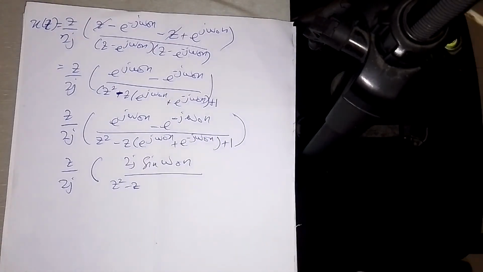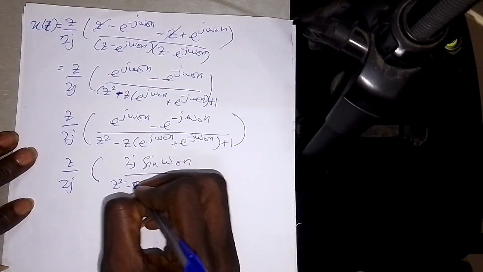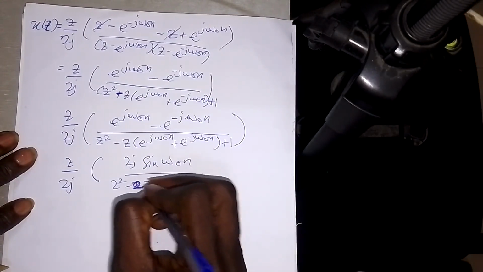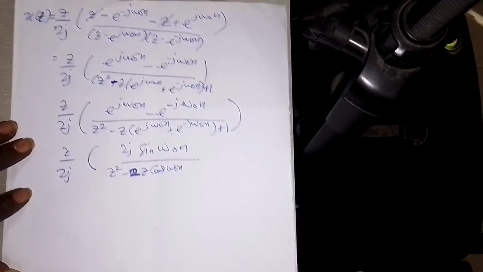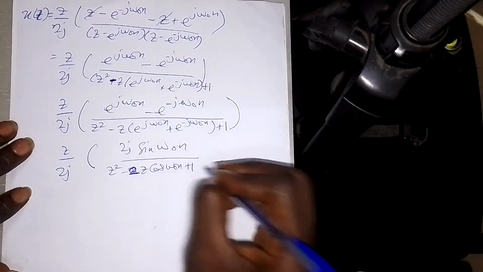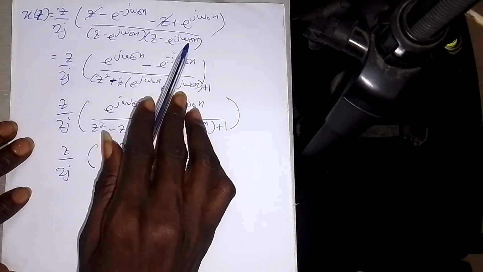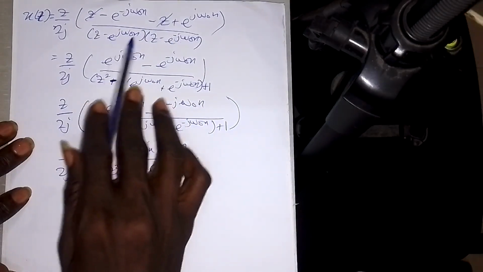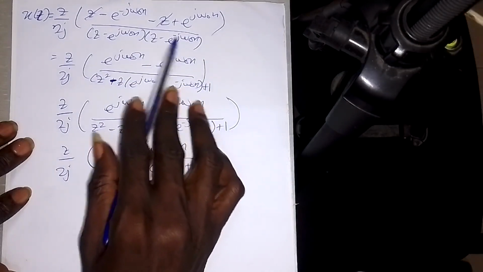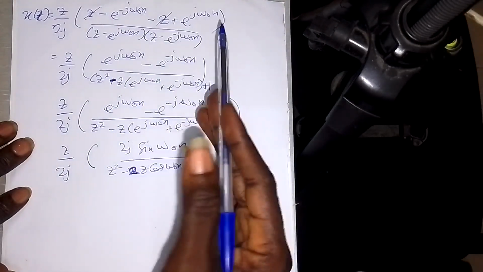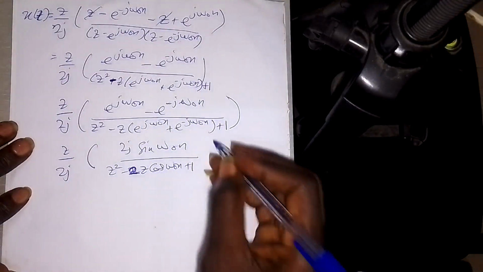Alright, so now here I'll have minus 2Z cos ω₀n, plus 1. The one I told you: whenever you have this one, it is 1, I've shown you. And this one, if you have this one also, is 1. So 1 times 1 is 1, and negative also becomes positive. So you have plus 1 here. So this is what you get.